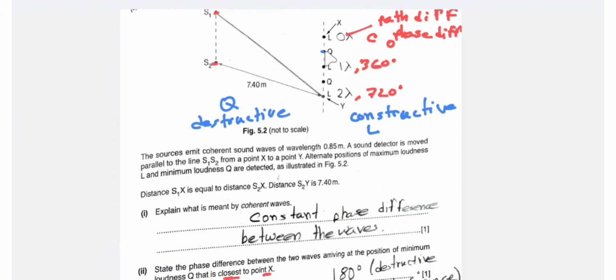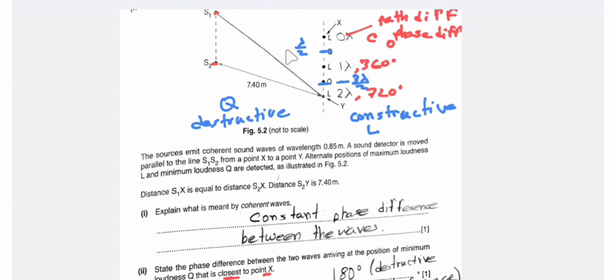From the central maximum, this is the closest quiet sound. The path difference from loud to loud is 1 lambda, so from loud to quiet would be lambda by 2. For the next quiet, since loud to loud is 1 lambda, it would be 1 lambda and lambda by 2, so 3 lambda by 2. That is the path difference.